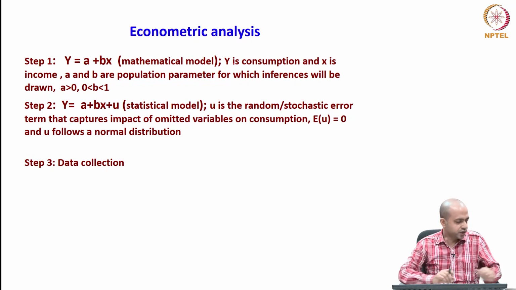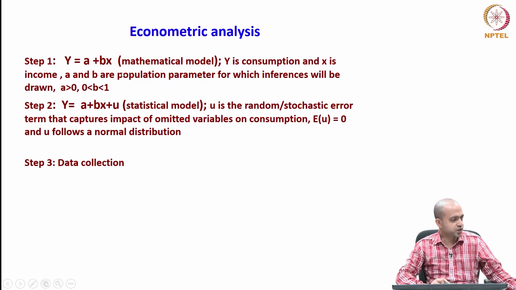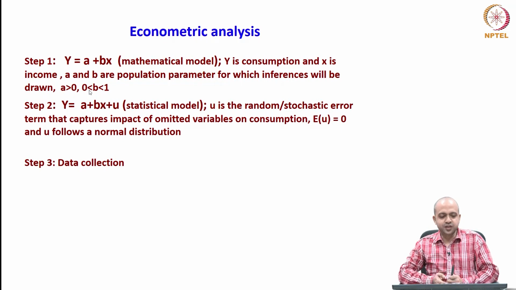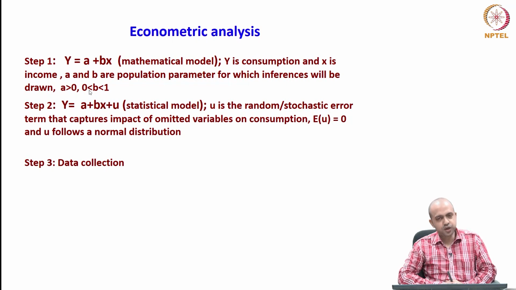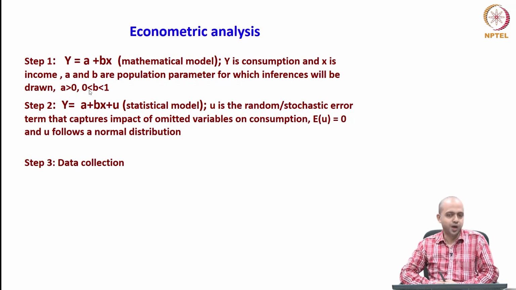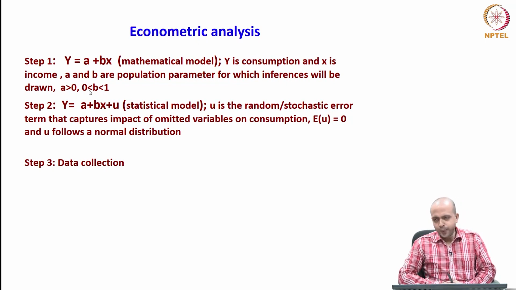This is the restriction: alpha is greater than 0 and beta is greater than 0 but less than 1. Okay. Beta is greater than 0 but less than 1, that restriction is actually implying our hypothesis, right.